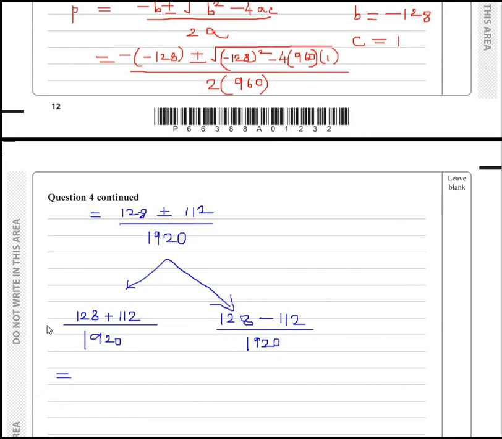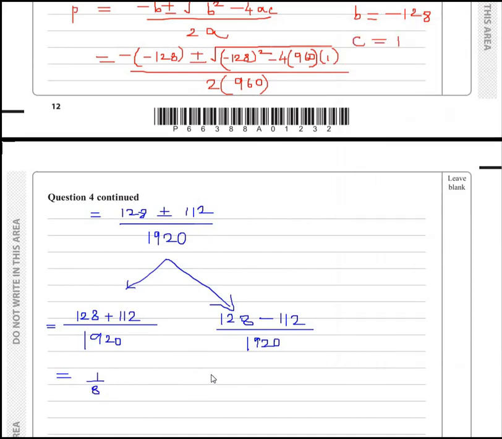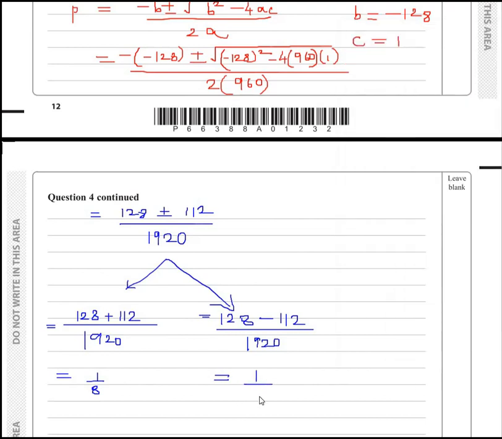So let us see what we get for the first one. 128 plus 112 divided by 1920 we get as 1 over 8. Now let us look at the second value. So it is 128 minus 112 divided by 1920. So we get it as 1 over 120. So these are the two values of p.